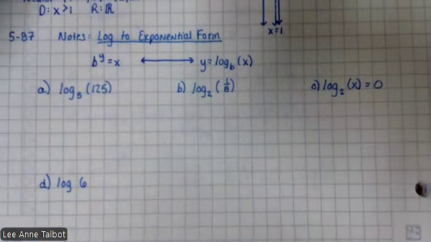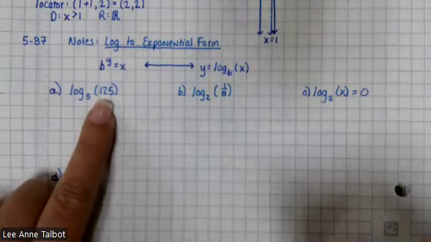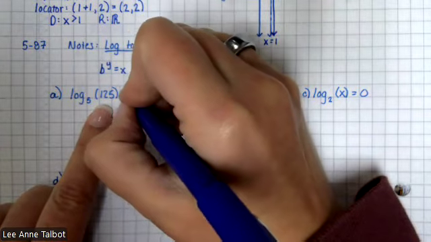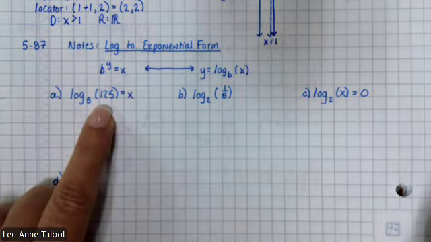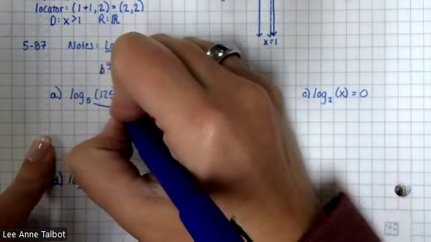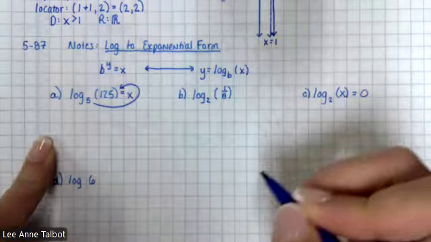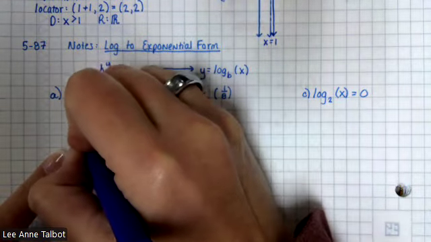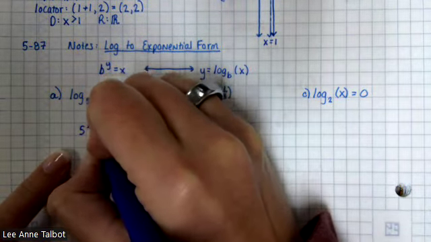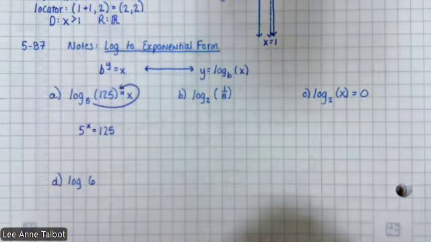All right, so first one is not equal to anything, so I'm going to make it equal to x. Giant and circle. 5 to the x equals 125.